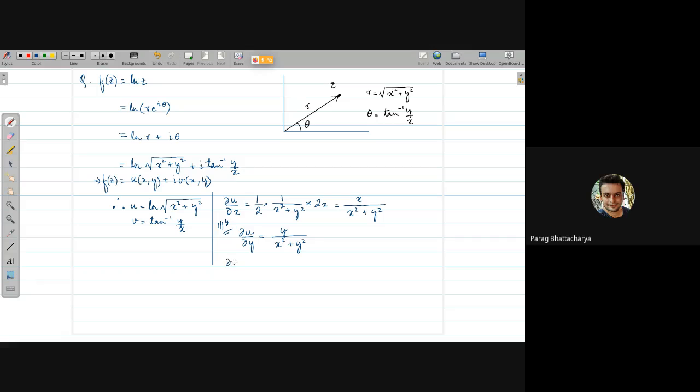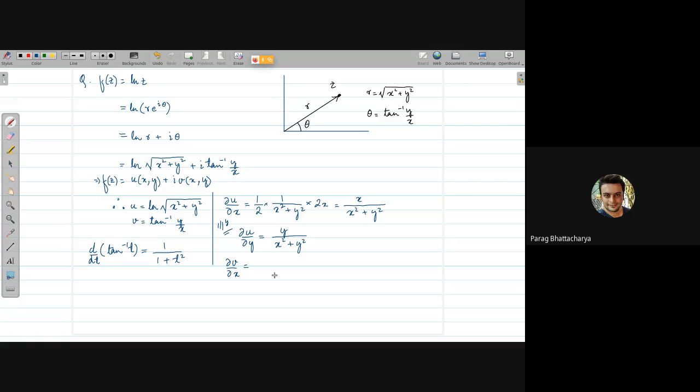And we can find dou v by dou x. We can use this formula: d by dt of tan inverse of t is equal to 1 divided by 1 plus t squared.